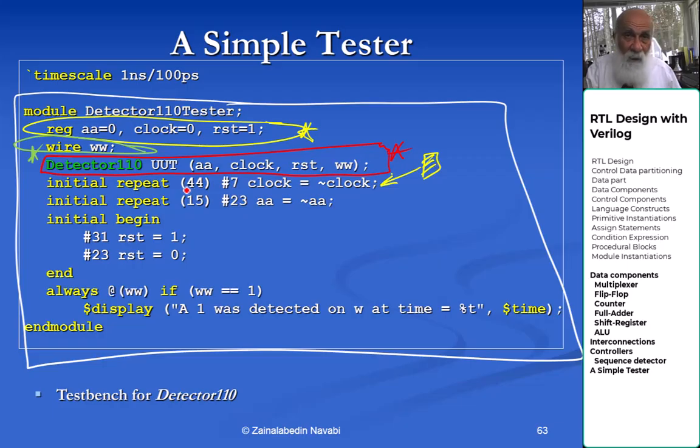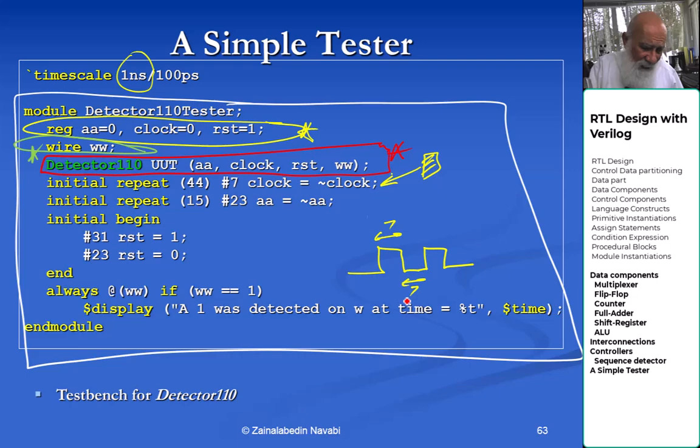Repeat 44 times, and then wait 7 nanoseconds and then complement the clock. What it means is I am generating a clock that has 50% duty cycle: 7 nanoseconds 1, 7 nanoseconds 0. That means the period is 14 nanoseconds.